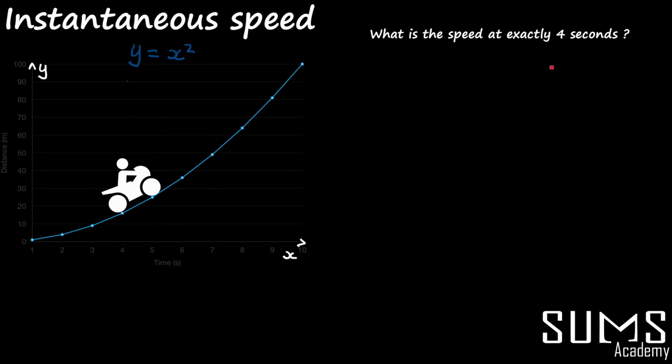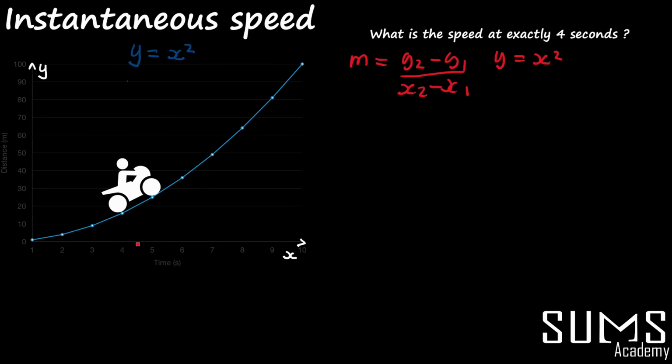So it's going to be a similar process, but slightly different. We'll start off with m equals y2 minus y1 over x2 minus x1, where y equals x squared.